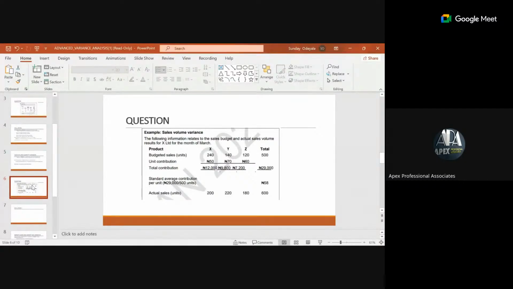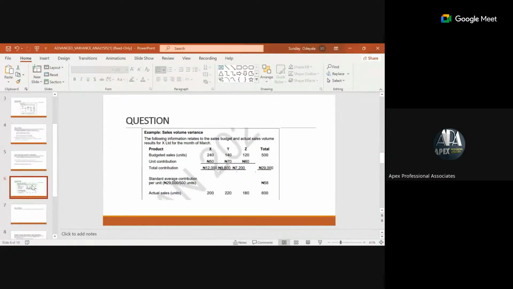Their budgeted sales for product X was 240 units, for Y is 140, for Z is 120, with unit contribution of 50, that's your contribution per unit, 70, 60, and so on. You have a total contribution like that.